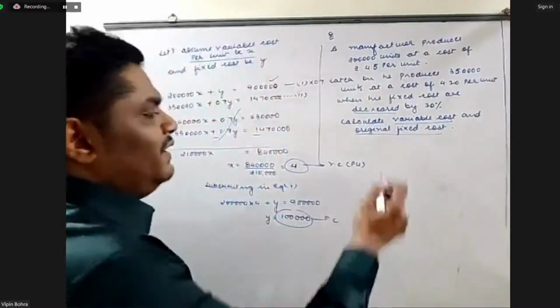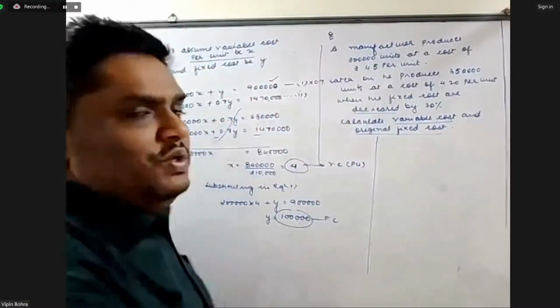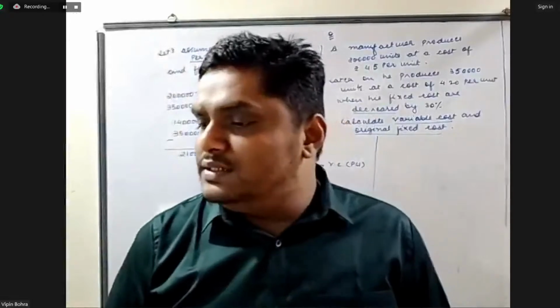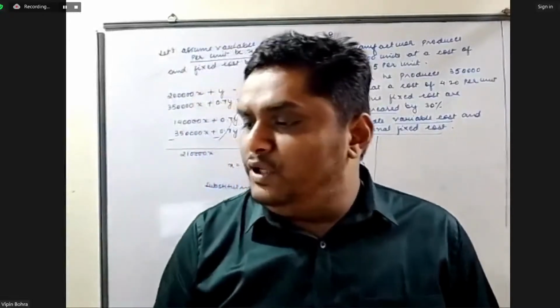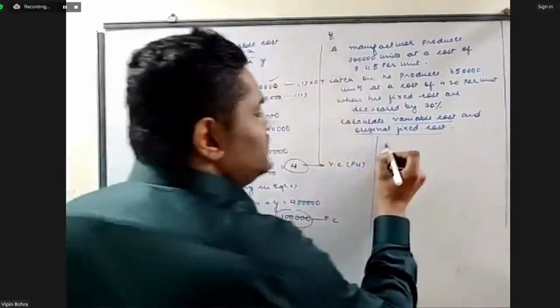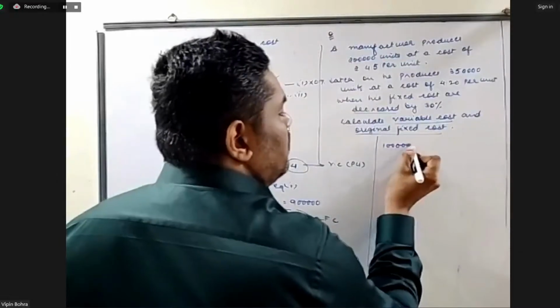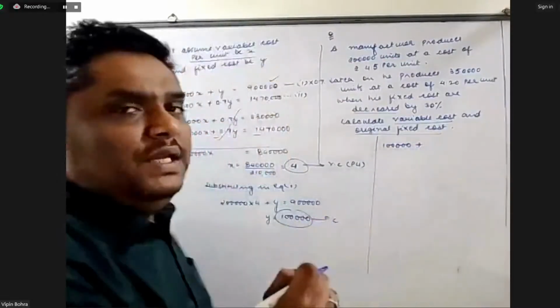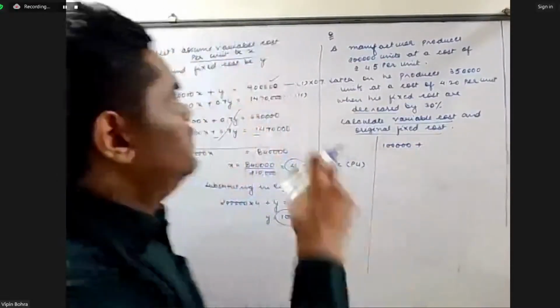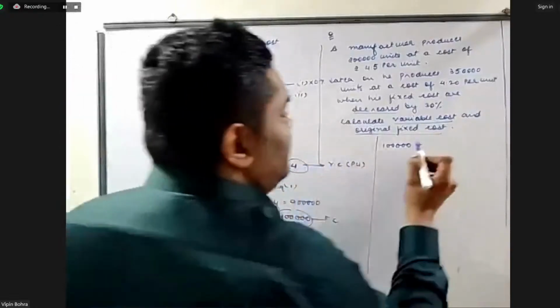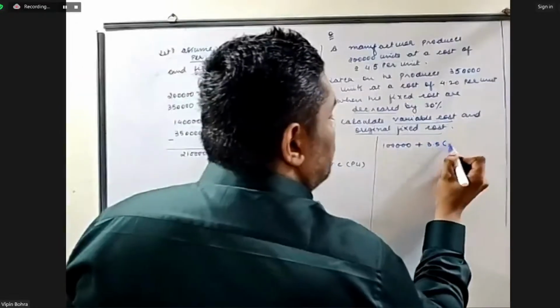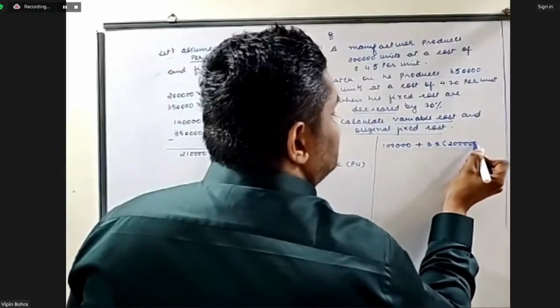Further, you can cross tally also. See, you can cross tally your answer also, Weber. See, if you put the values, let's say fixed cost is 1 lakh and you have calculated variable cost as 3.5. So 3.5 into 2 lakh, you can recheck your answer also.